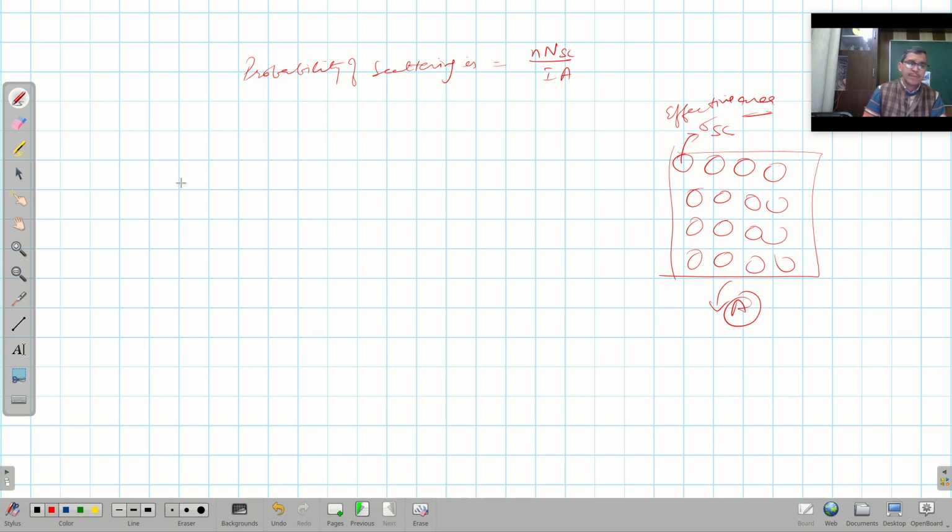So the total effective area will become, because if this target contains n number of atoms, then the total effective area with n target particles is given by n sigma_SC.